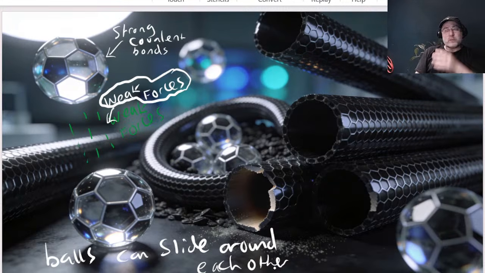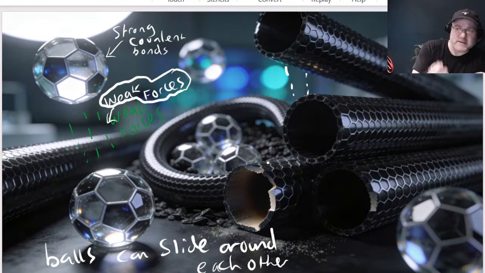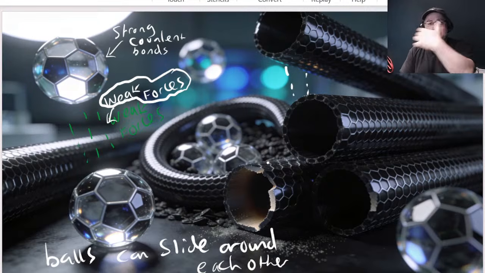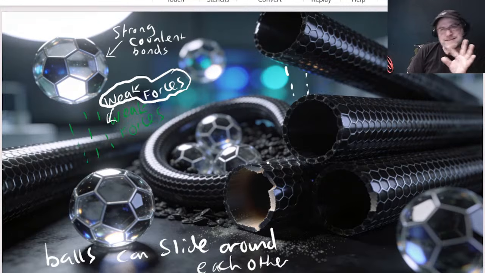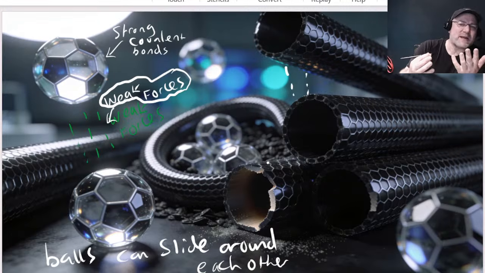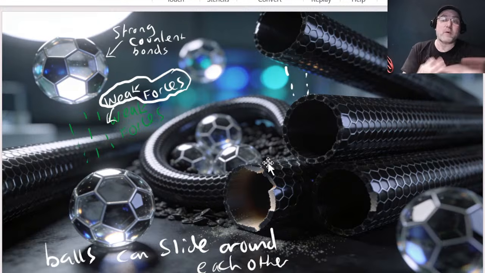Now, nanotubes, same thing. They can slide over each other because there would be weak forces between the nanotubes. However, nanotubes can conduct electricity because they have delocalized electrons. Buckyballs, you can't really conduct electricity because the balls aren't attached to each other. They've only got weak forces between them.